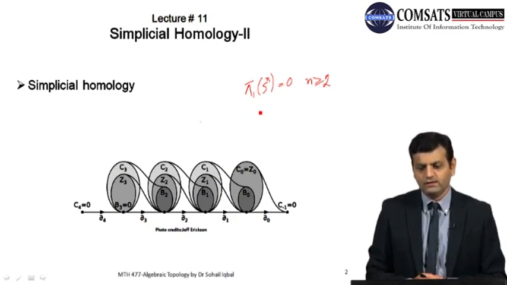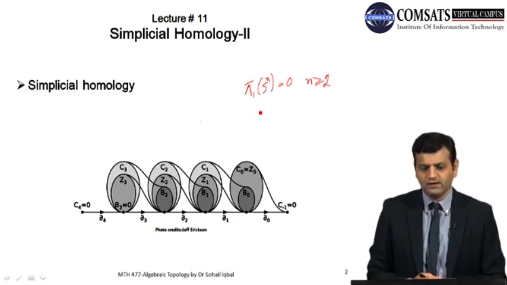We can define higher homotopy groups, but the disadvantage with higher homotopy groups is that they are extremely complicated to calculate. So as an equivalent to higher homotopy groups, we are trying to calculate the homology.